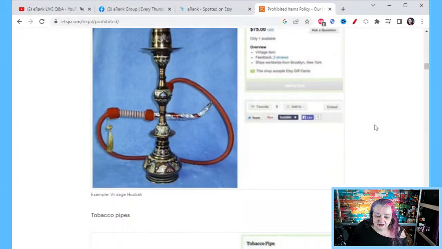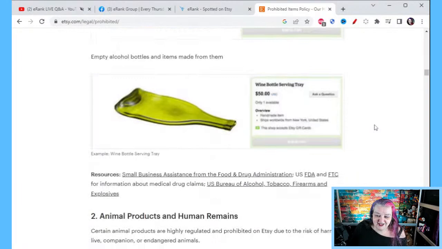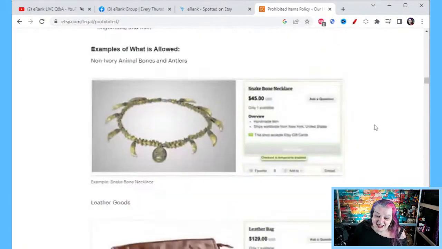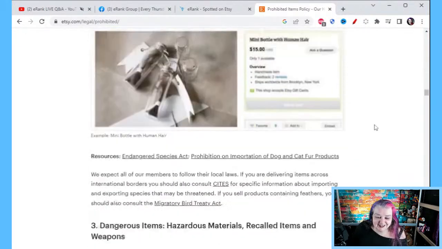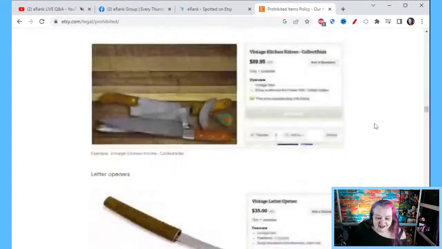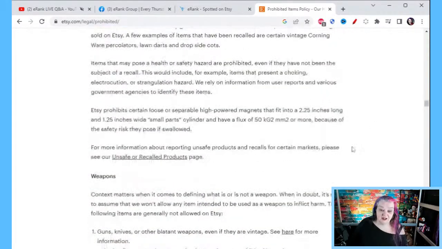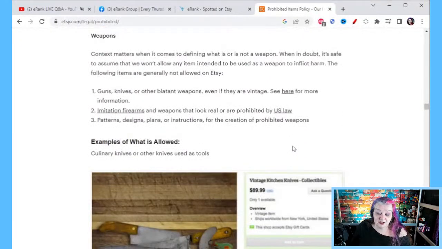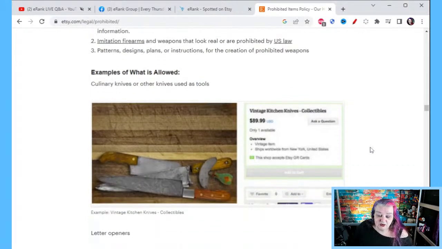So you can't sell booze, animal products and human remains. While we're going through this, because I know there's quite a lot of people that do sell things they're not supposed to without knowing they shouldn't: things like guns and knives, even vintage ones, are not allowed to be sold on Etsy.